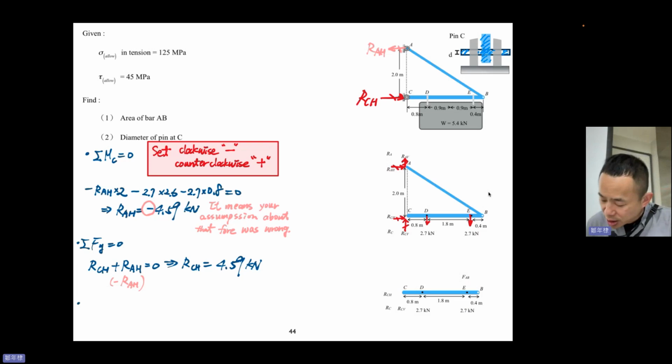So now if we cut this and examine that one, we will know that RCV, RCH, 2 kN, 2 kN. Okay.